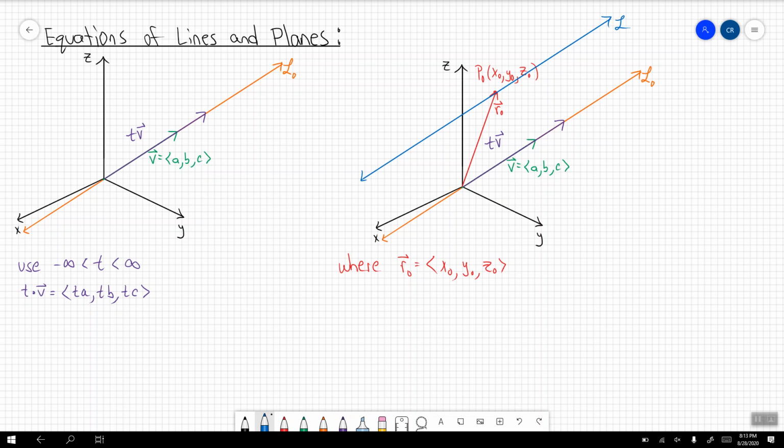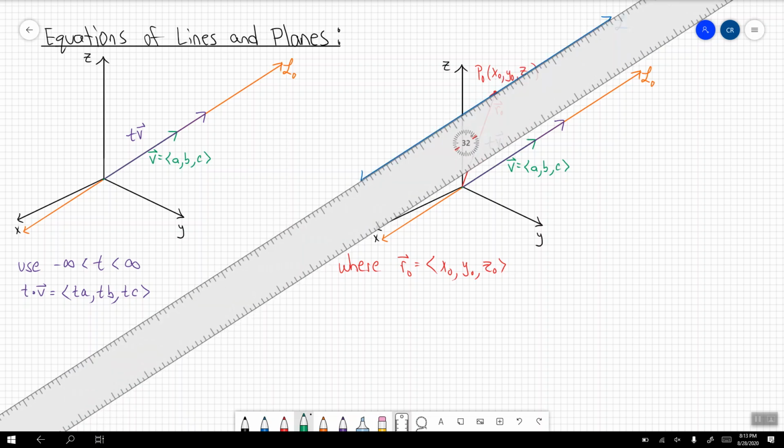That's awesome. Now notice, because I shifted every single point on line L naught up to that point P naught, I also get to shift my vectors. And remember, as long as we don't change the direction or the magnitude, these vectors are going to be the exact same vectors. So we can still find vector V to begin at point P naught.